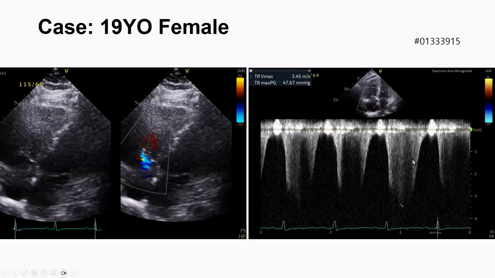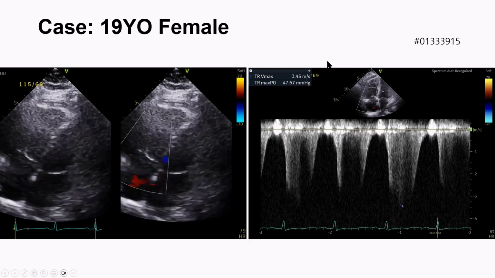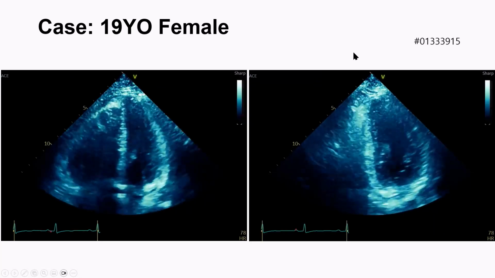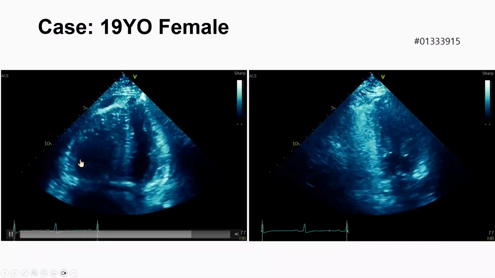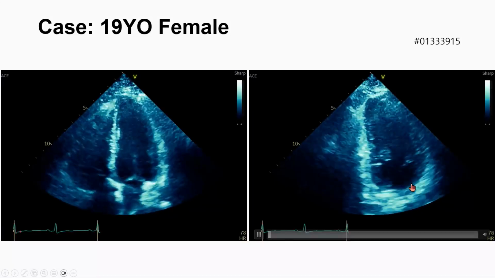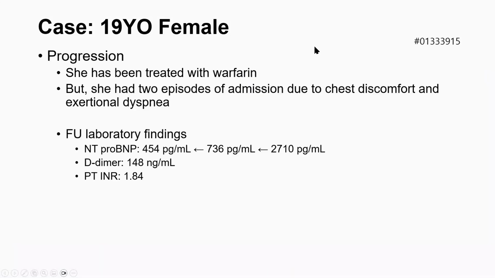The TR Vmax was about 3.5 meters per second. There was also a dilated right ventricle with dysfunction, but her LV systolic function was normal.